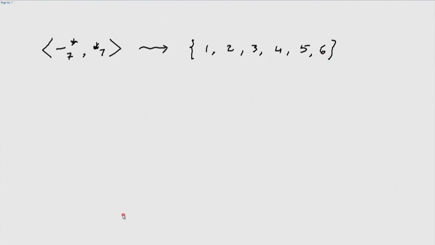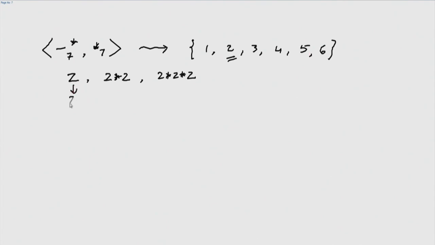Now let's take some arbitrary element, let's say 2. So I start with 2, then I go on to 2 star 2, then I go on to 2 star 2 star 2 and so on. And I ask myself the question, have I generated all of these elements in the process?